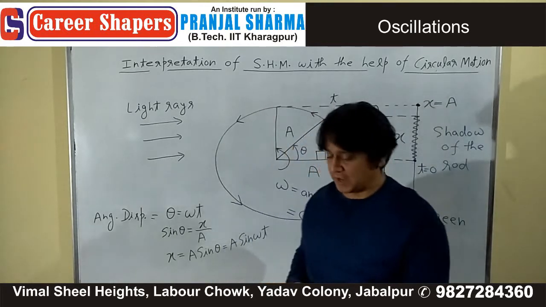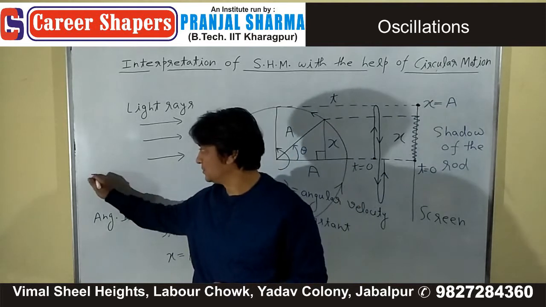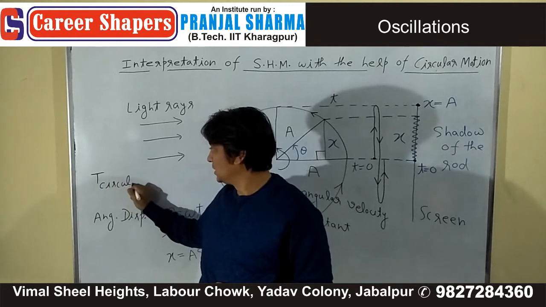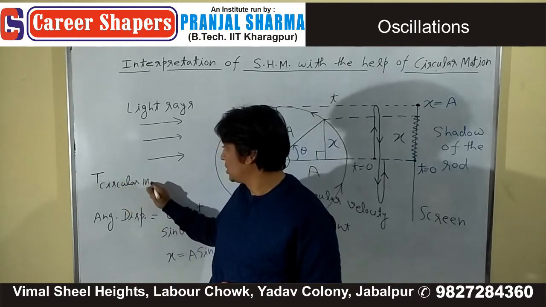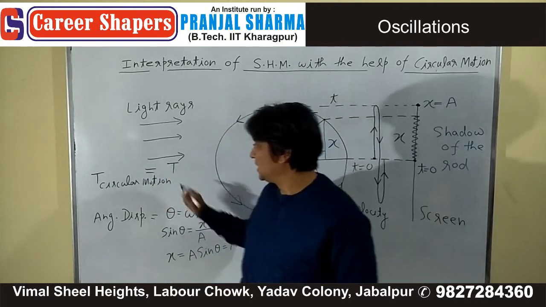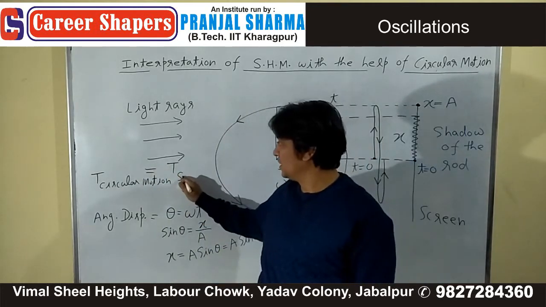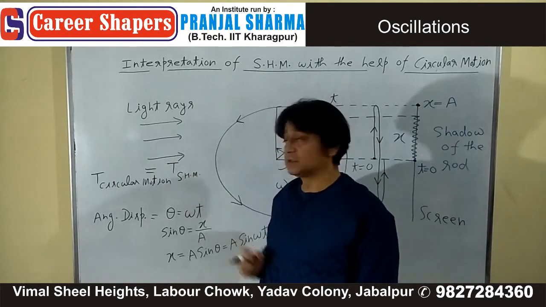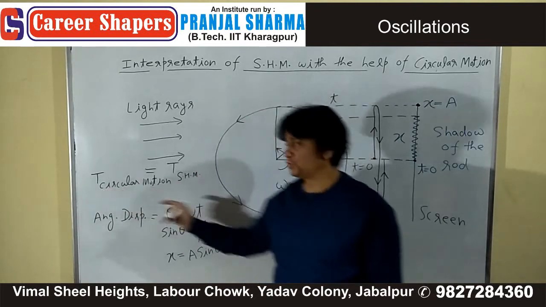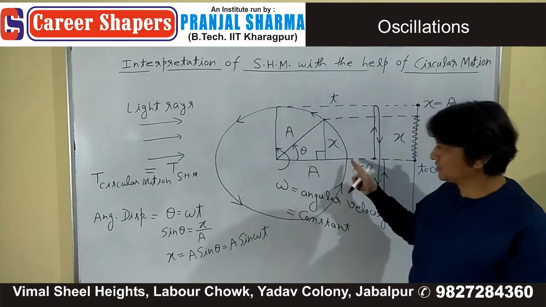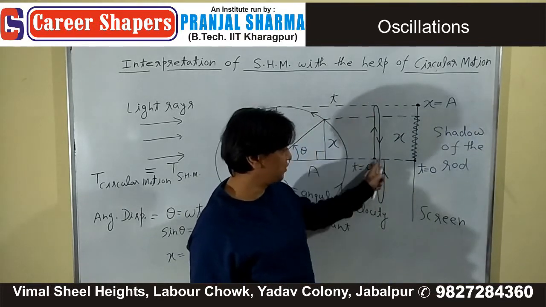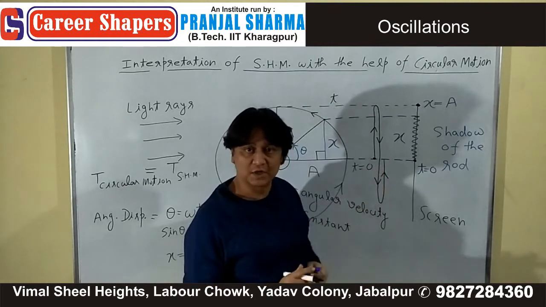Which means we will say that time to complete circular motion is same as time to complete one oscillation of simple harmonic motion. Time which this rod takes to complete full circle and time which tip of shadow takes to complete one oscillation, they both are what? Same.